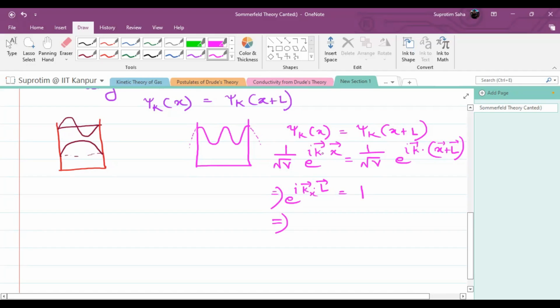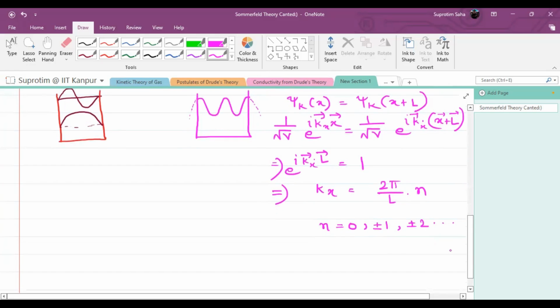So this is k_x. k_x is 2 pi over L times n, where n is 0, plus or minus 1, plus or minus 2, both positive and negative integers included.